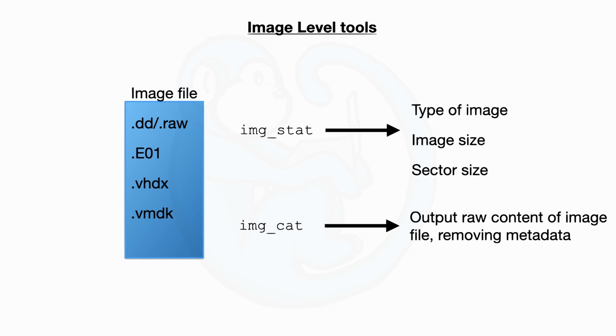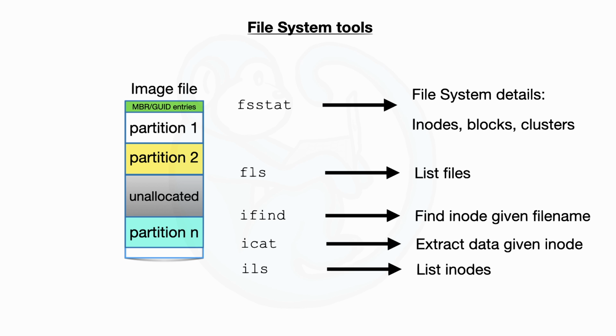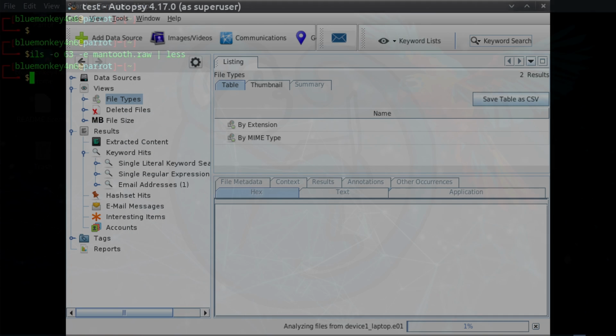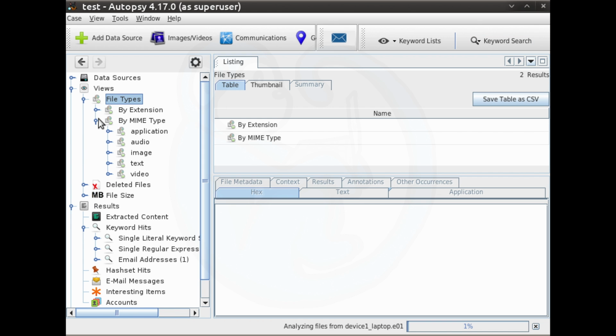We looked at tools that operate at the image level, like img_stat. We looked at tools that operate at the volume level, such as mmls and mmcat. And then we looked at tools that operate at the file system level, such as fsstat, fls, ifind, icat, and ils.